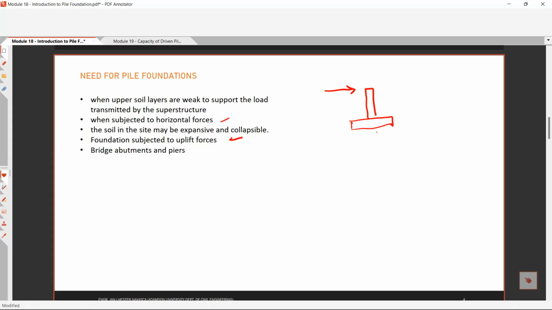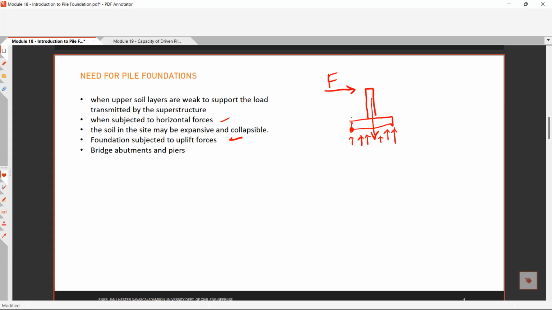So basically, kapag hindi ganun ka laki yung weight at yung pressure dito sa soil and hindi niya kinaya yung tulak na yan, yung lateral loads na to, okay, yung lateral load na yan, magkakaroon ng uplift on this side. Okay.